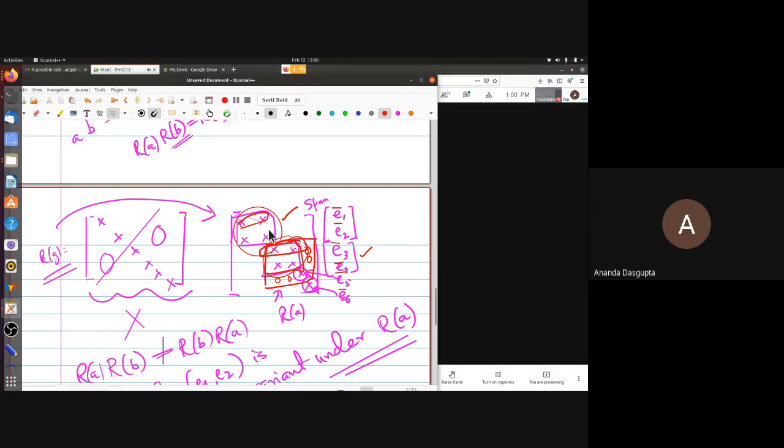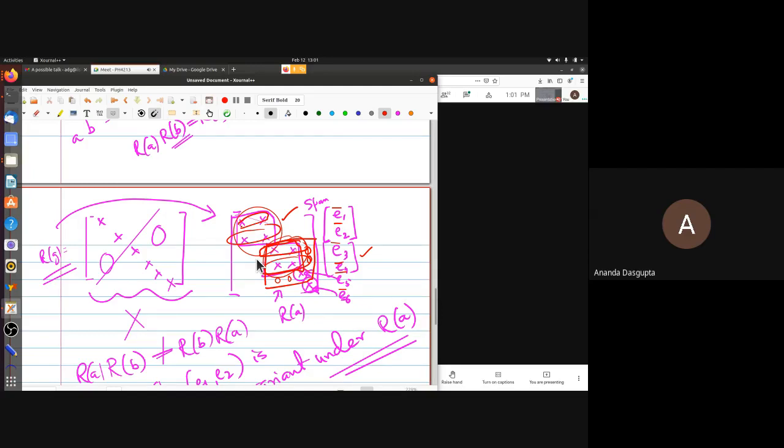And E2 bar will mix with E4 bar under K. So that's slightly non-trivial and non-intuitive. I understand that it's very tempting to say E1 bar, E2 bar is invariant under K, but that's actually not necessarily true.